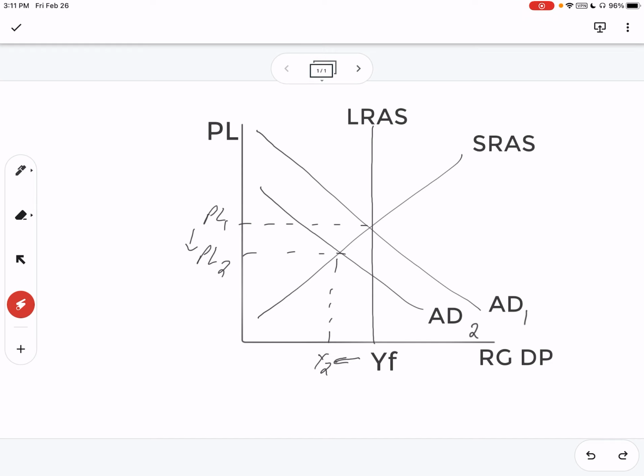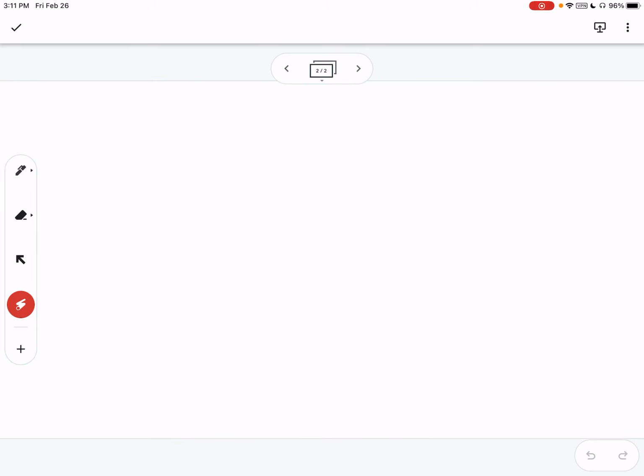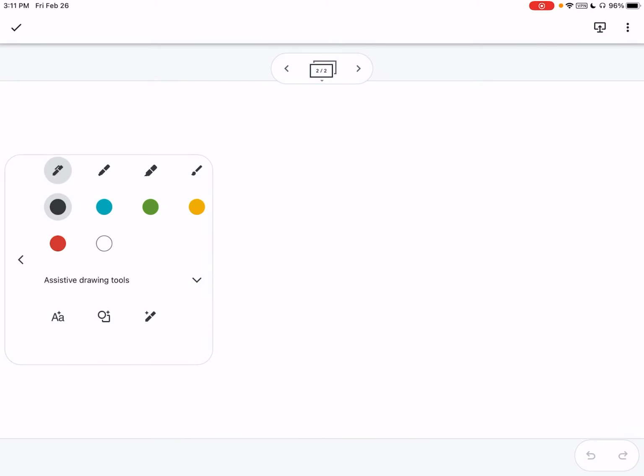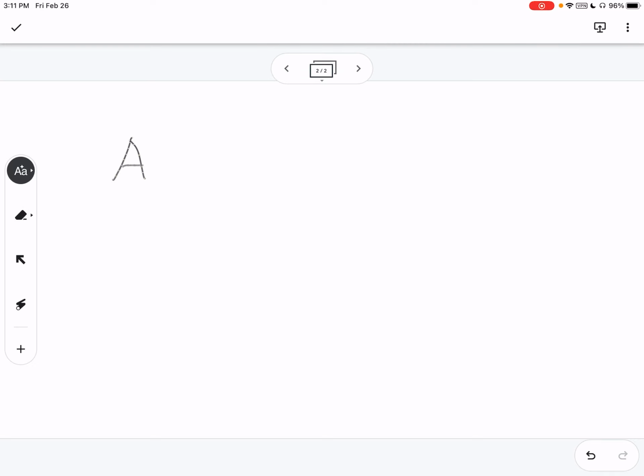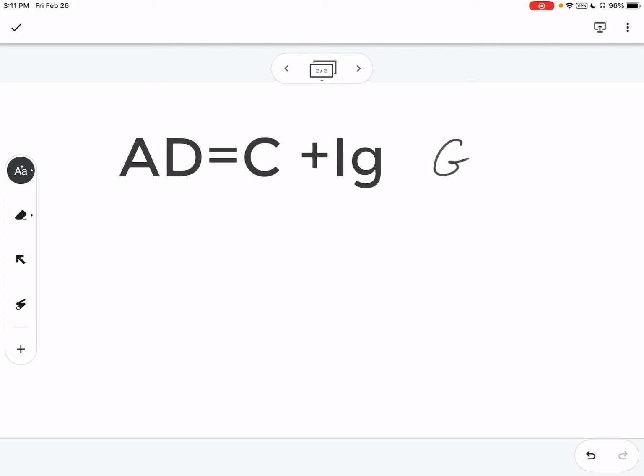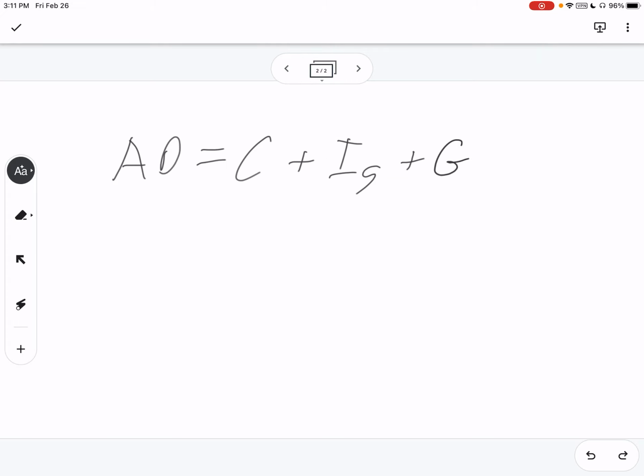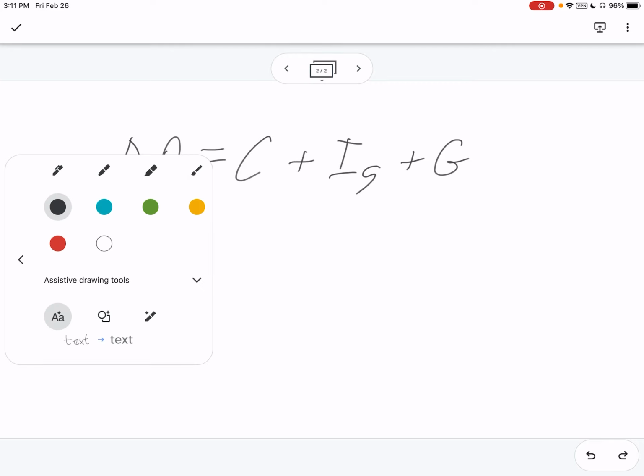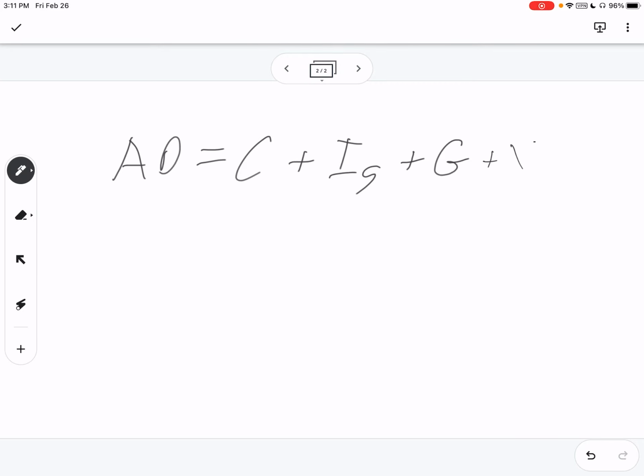But you remember that not everybody says this. If you're a Keynesian, you could do something right now. This is where you want the government to spend money. Because if it is the case that aggregate demand is equal to C plus IG plus G plus XN, consumption plus business investment plus government spending plus net exports.